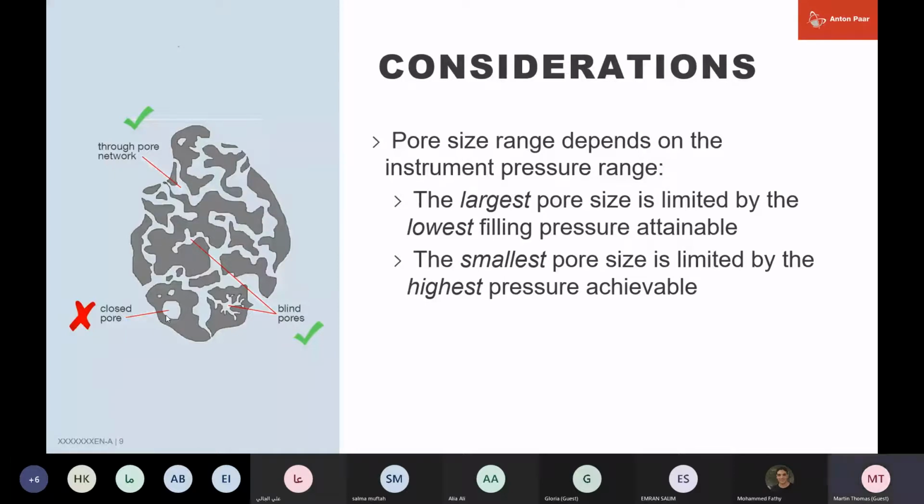So this is a very important concept in order to understand what it is we're looking at when we get data. And of course, it's very important to understand that we're measuring pore throat distributions and the volume of pores beyond those restrictions. So we always want to think of these pore sizes that we're measuring and pore throats as restrictions, because when it comes to oil recovery, the oil has to migrate through the pore structure.